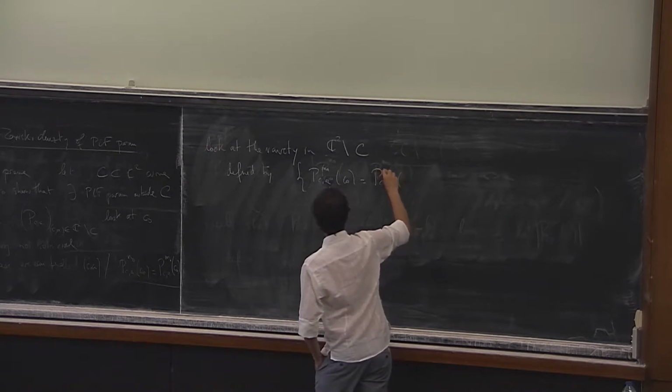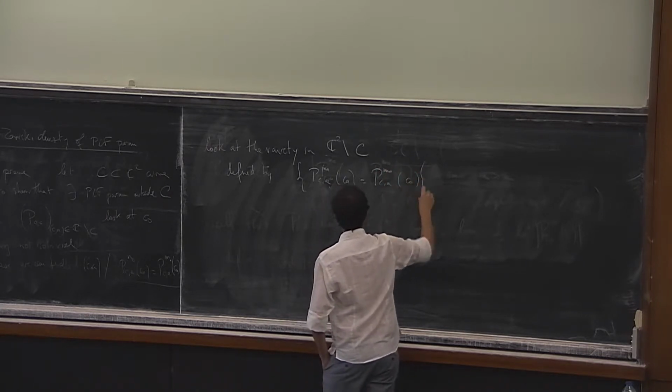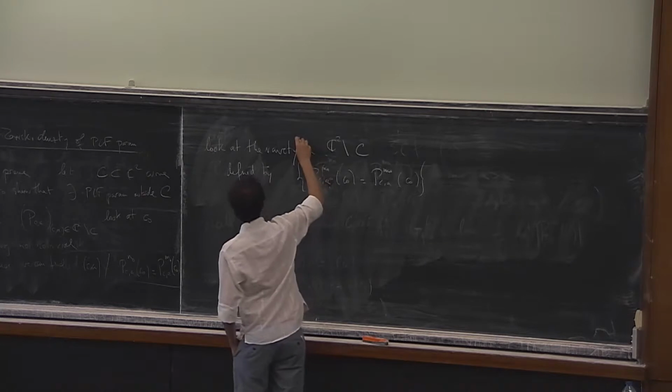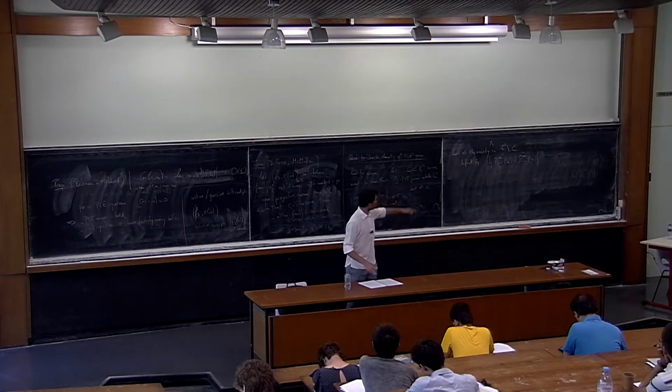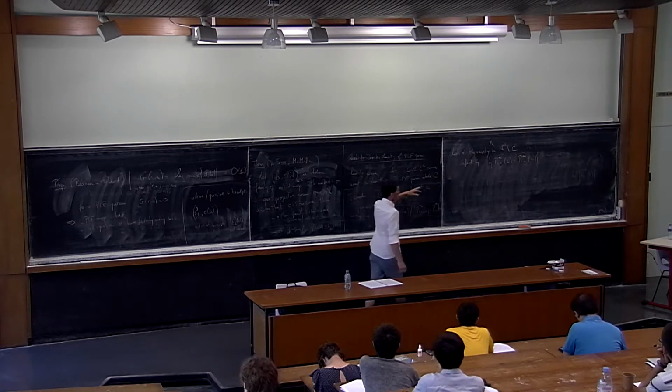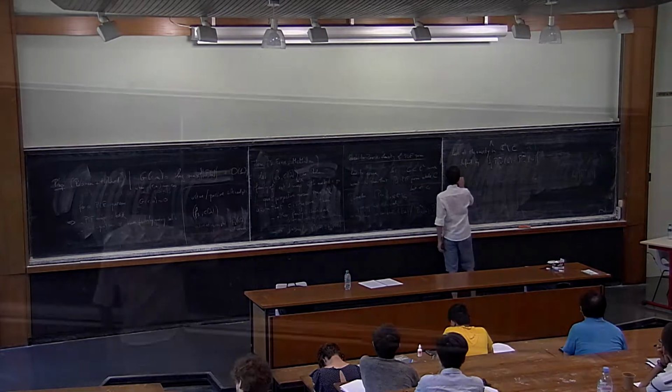No, M naught of C naught. Let's call it lambda. Again, it is quasi-projective. Maybe it's all of C2 minus C, but in any case, it is quasi-projective.